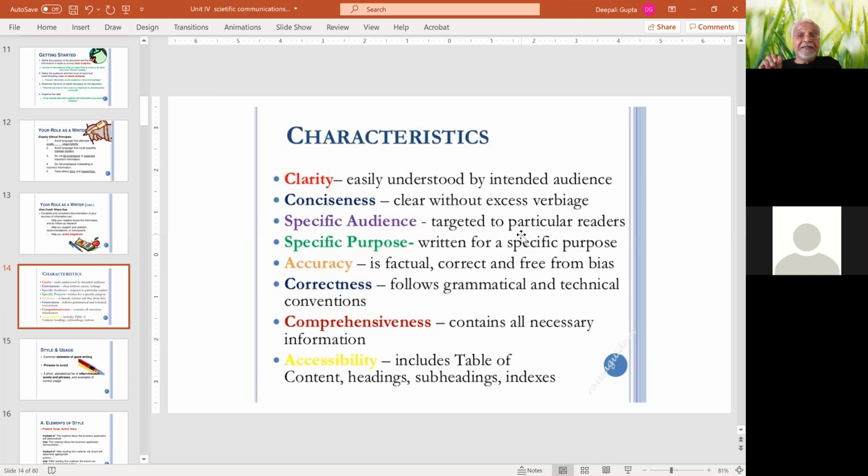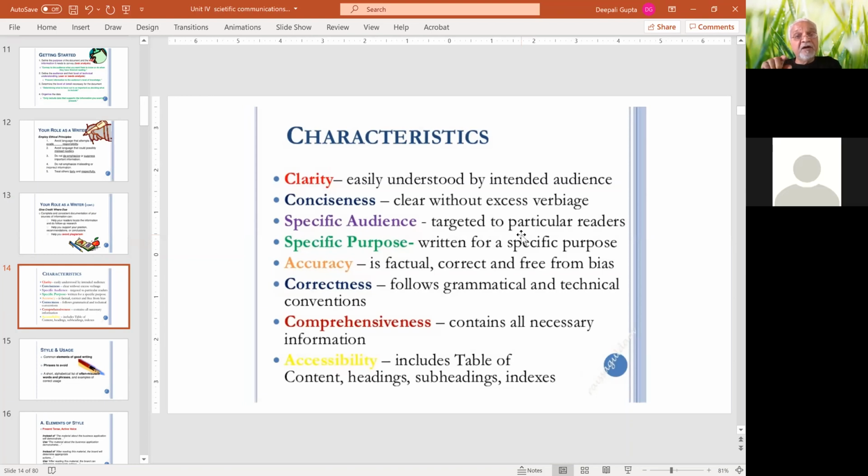It should be concise. You don't have to go round and round to write something. Whatever you have observed, you can write straightforward. So you have to write everything very concisely.